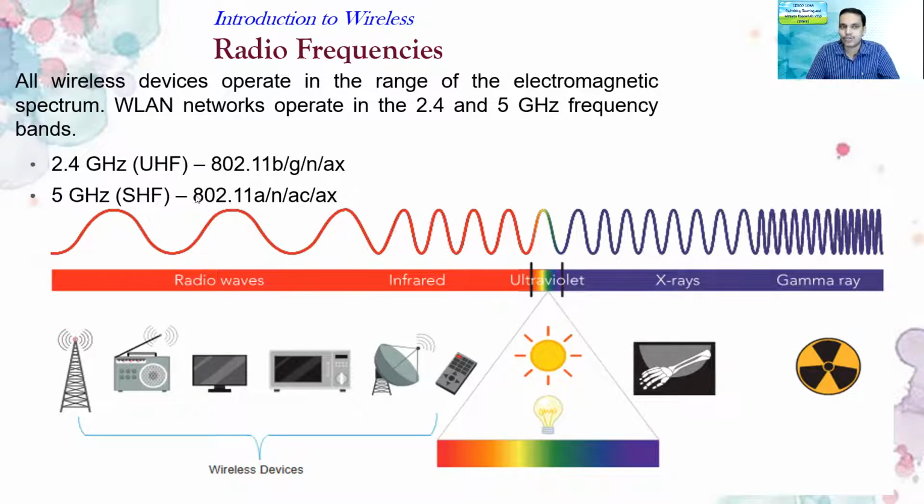The 5 gigahertz, or super high frequency, is used by 802.11a, n, ac, and ax. My suggestion to understand the spectrum of radio frequencies is to Google it, type in electromagnetic spectrum, and you can see different images, each giving you the different range of frequencies and the types of communication or applications that use that particular frequency area. Here we are specifying it for only 2.4 gigahertz and 5 gigahertz.